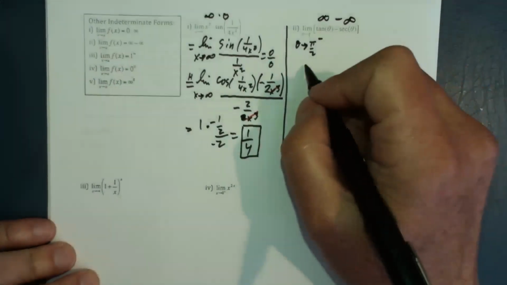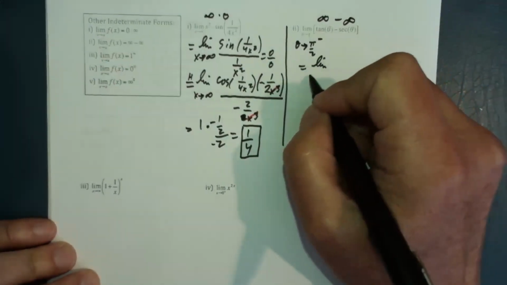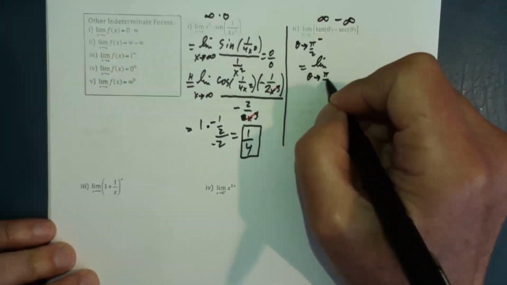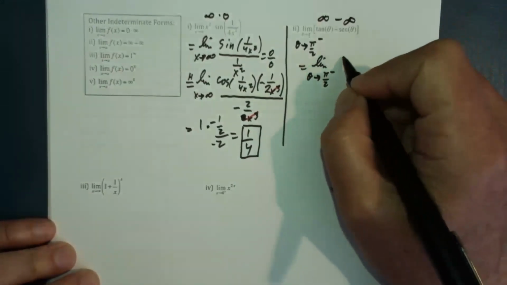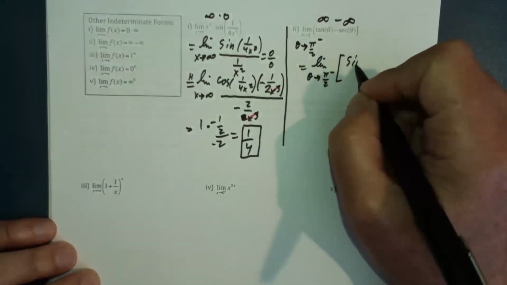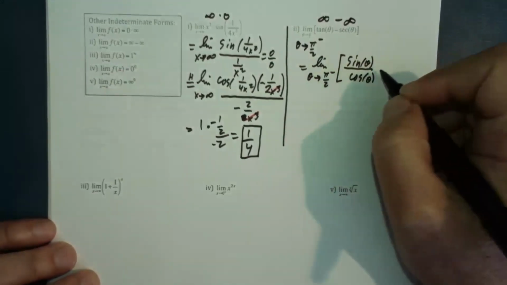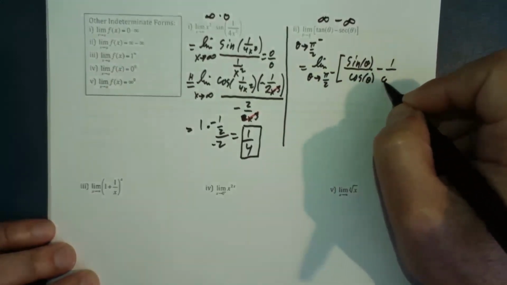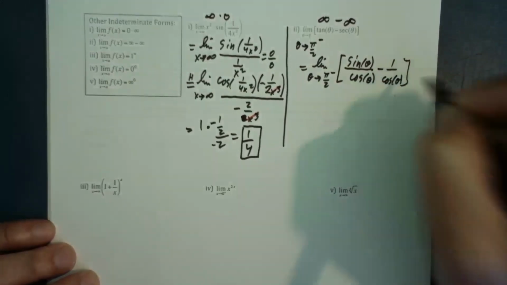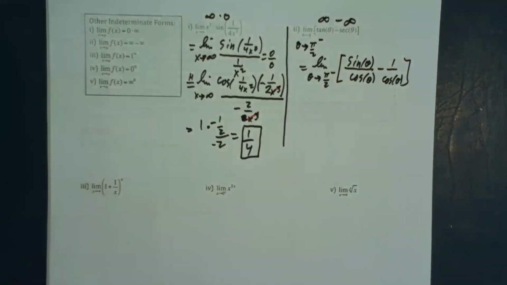But again, I'm going to rewrite this in such a way so that we end up with sine of theta over cosine theta minus 1 over cosine theta. And you'll note we already have a common denominator, which is nice. And we're going to make that into a single fraction.